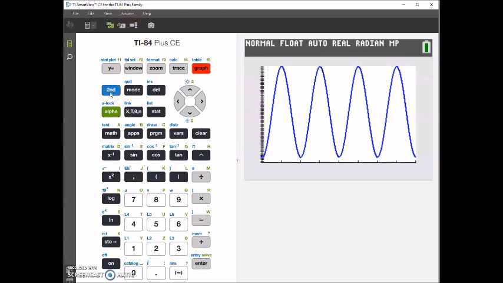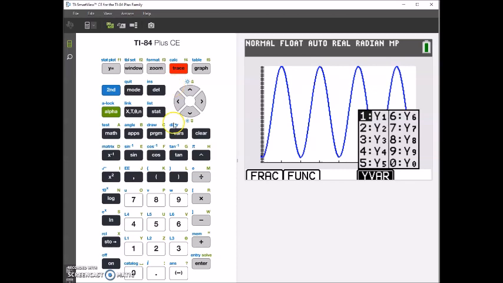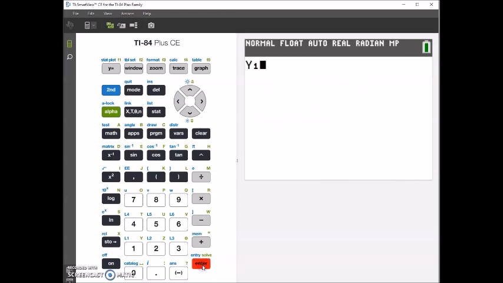Since I've entered my equation into y1, one of the easiest ways, I think, is to click on alpha F4, and your calculator should have these little alpha keys programmed. If not, you might be able to update your operating system from the TI-84 website. It's just kind of an added feature since the older models.